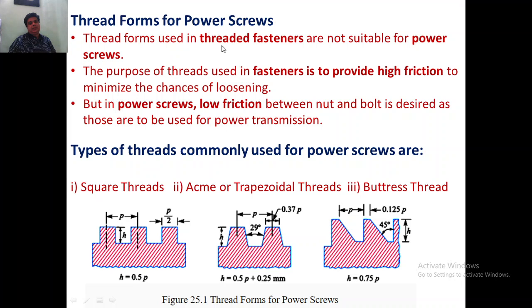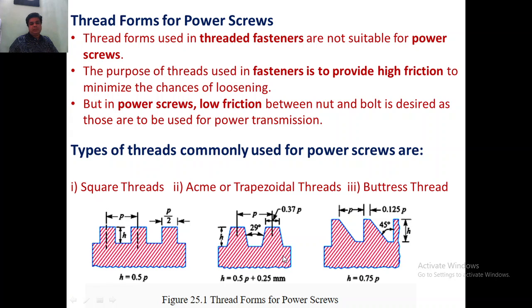In threaded fasteners, there are some forms compared to power screws. Those thread forms may not be suitable for power screws. The thread forms which you learnt in your other courses, some are used in threaded fasteners, whereas some are not suitable for power screws, and we look at some other forms of thread.